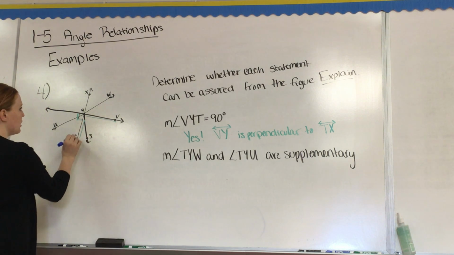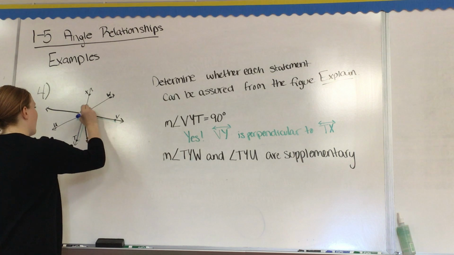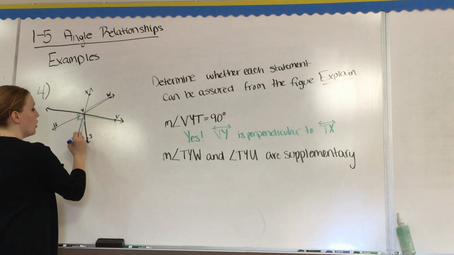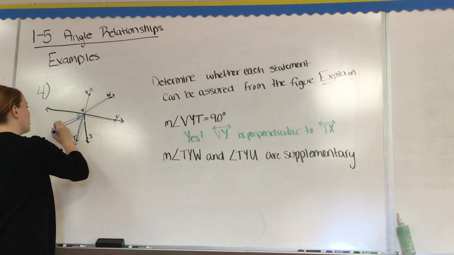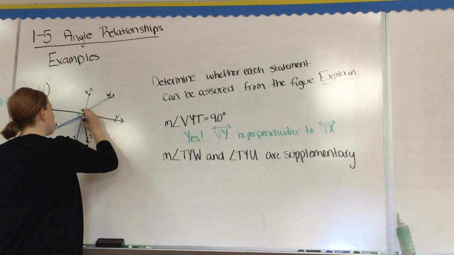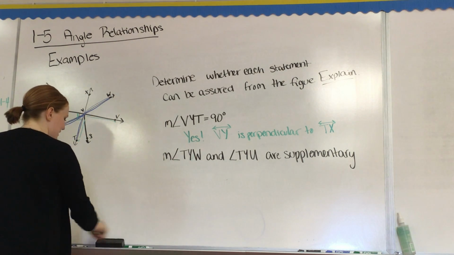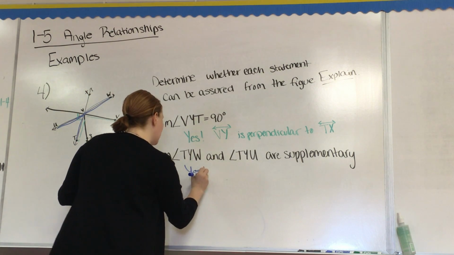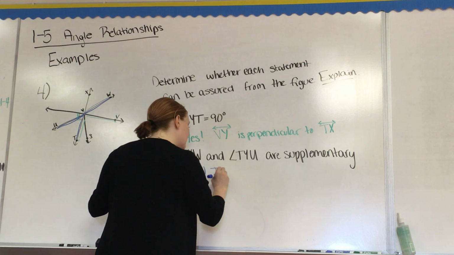We have T, Y, and W, and T, Y, and U. So does this essentially make a straight line? Yes. They form a linear pair of angles.